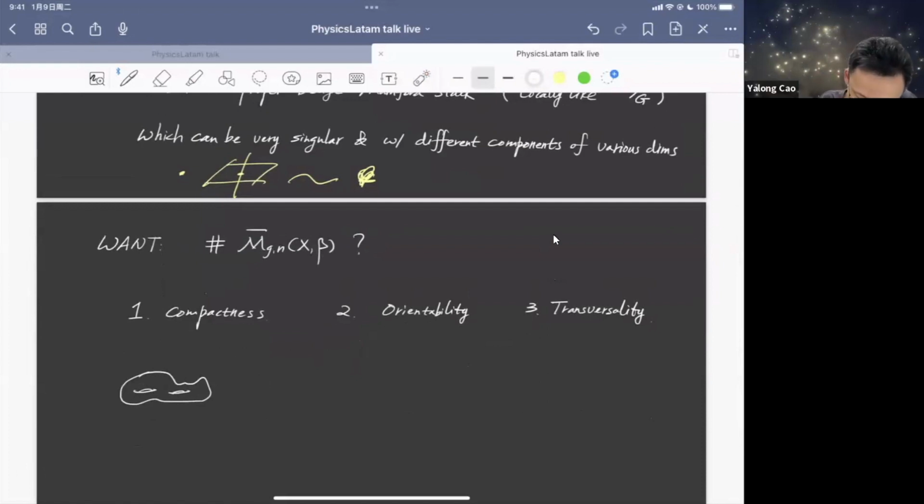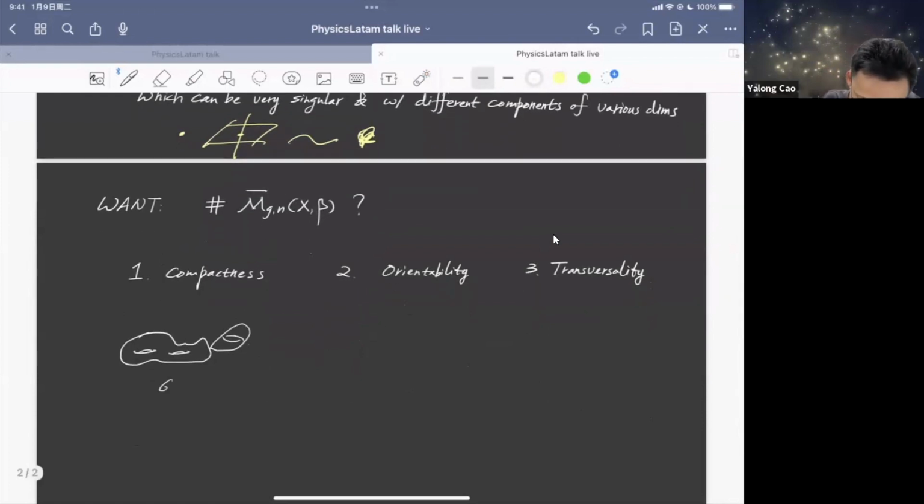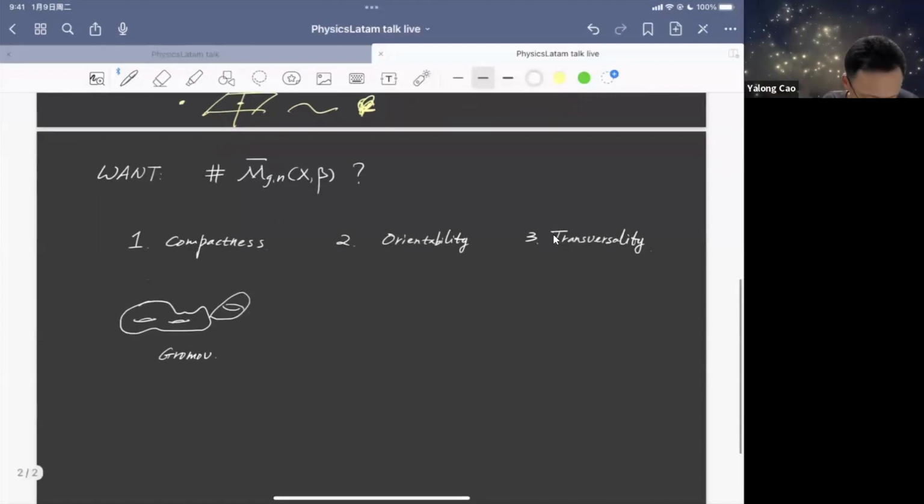So the thing is that we need to add these bubbles to make this compact. Such compactness is due to the work of Gromov, and similarly in the setting of harmonic maps by Sacks and Uhlenbeck.